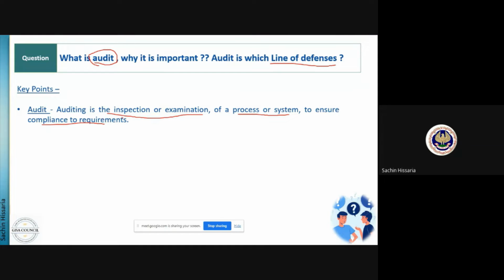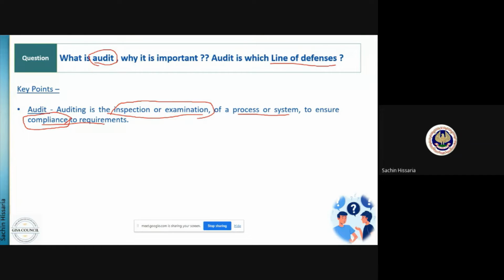For example, if I am doing an information system audit of a company, as an auditor I would be verifying their processes. I would be doing an inspection or examination of their process or system to ensure the compliance requirement. Now, this compliance requirement can be anything. It may be the policy, procedure, or standard of the company.